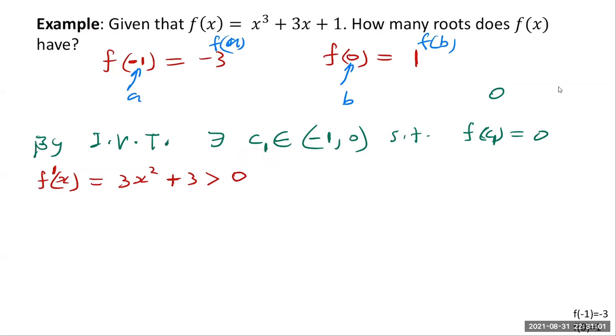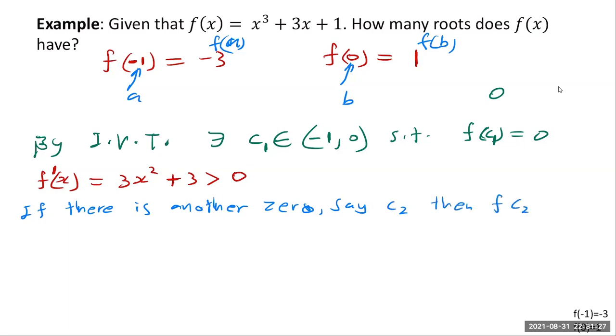Suppose that there is another 0, say C2, then f of C2 is equal to 0, right? That's what we mean by 0.